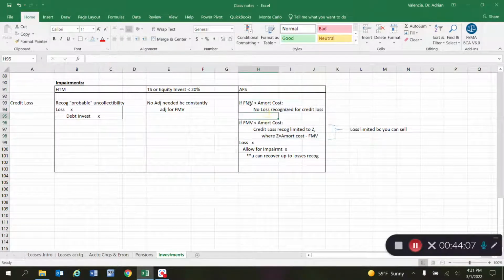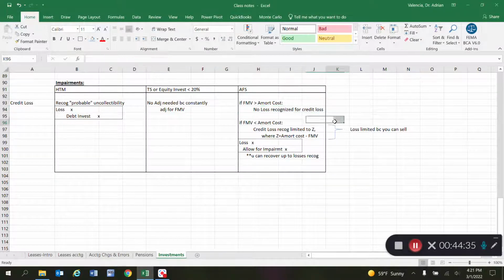So if the fair market value is greater than the amortized cost of that debt investment, think about it. You might have a risk of credit loss. In other words, you might have a risk of uncollectability, but if your asset is worth more than the amortized cost on your books, then we're not going to recognize a loss for that credit loss.